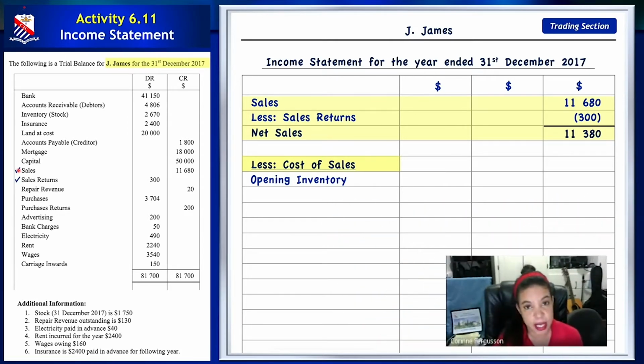Where do you find that? In your trial balance. So you're going to look down your trial balance and you would see inventory. This inventory in your trial balance is your opening inventory. We will see further on that your closing inventory is not in your trial balance but down in your notes.